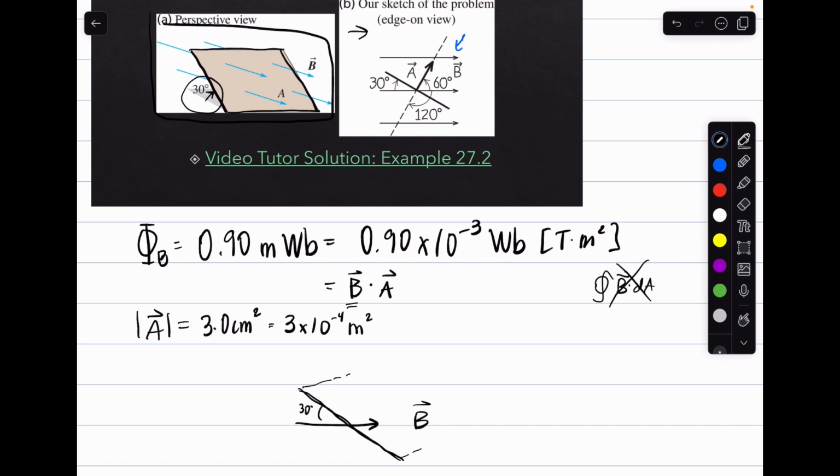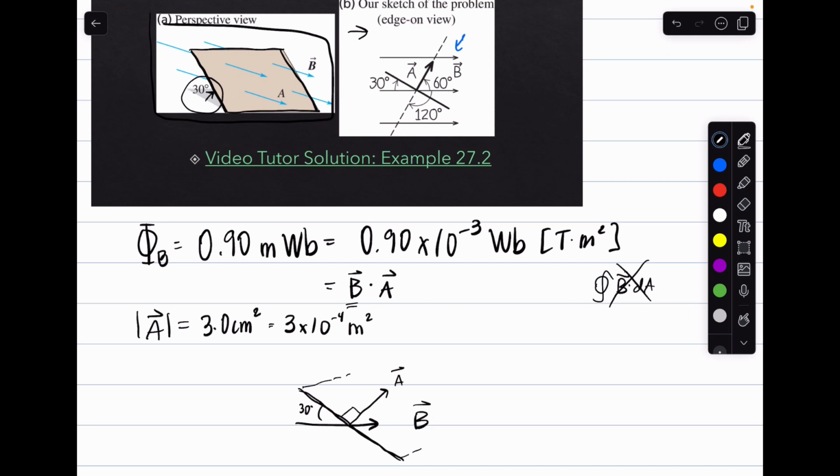That being said, the normal vector of the sheet, which is the vector that we use to describe the area vector, is going to be 90 degrees to the sheet. So here's our area vector.